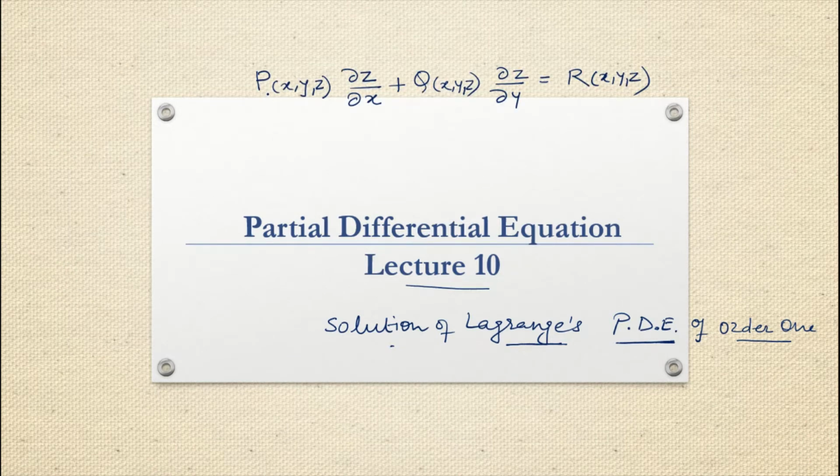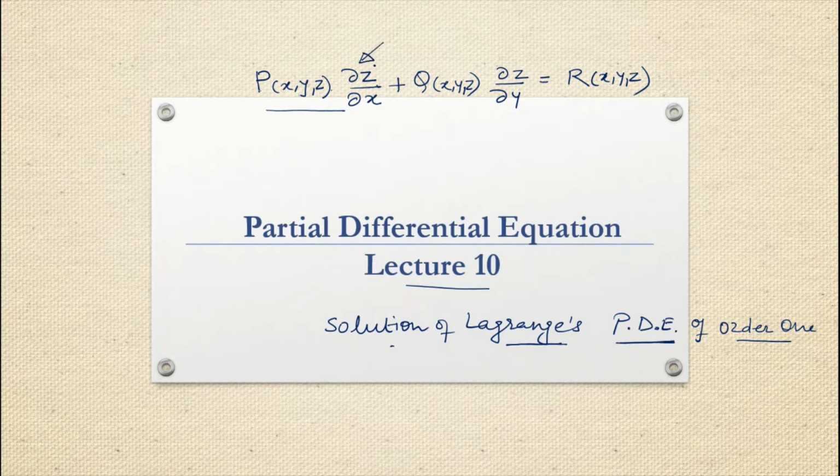So if I write down the equation in this form, this is P(x, y, z) del by del x of z plus Q(x, y, z) del by del y of z equals R(x, y, z).